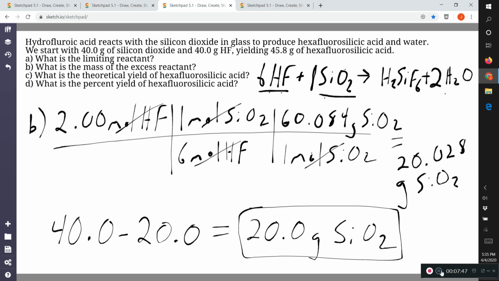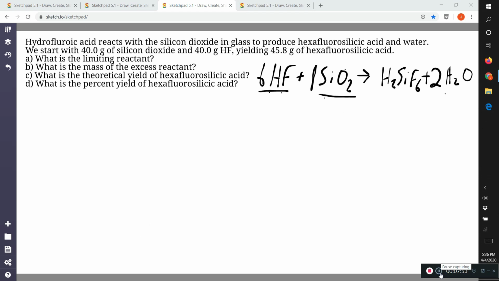All right, now we're going to move on to part C. Let me clear this. All right, so for part C, what is the theoretical yield of hexafluorosilicic acid? Man, that is hard to say. So we know we're going to start with 2.00 moles of hydrofluoric acid because that was our limiting reactant.